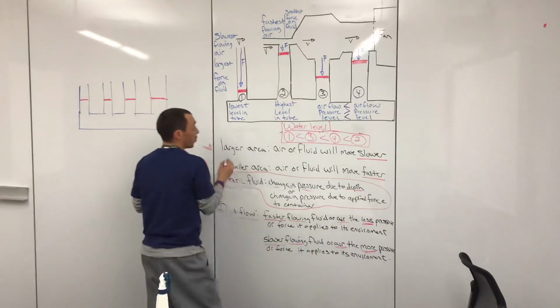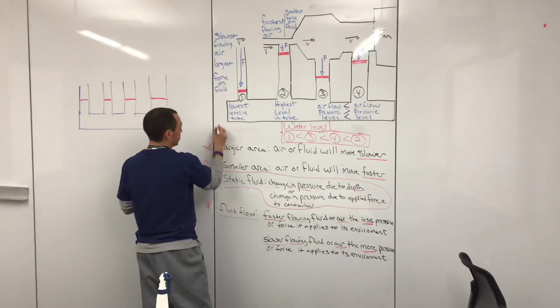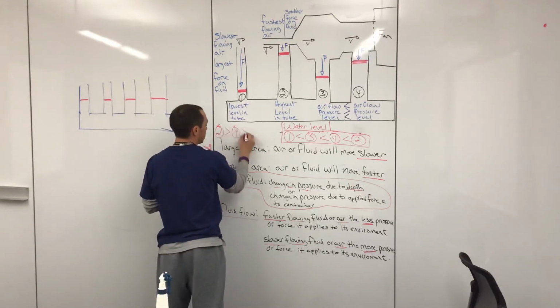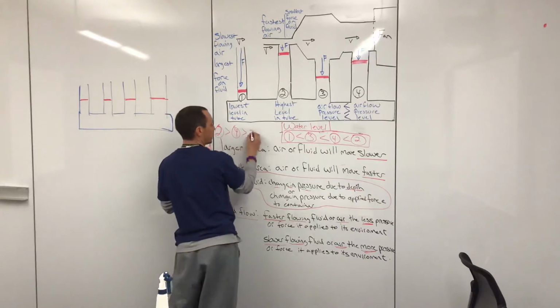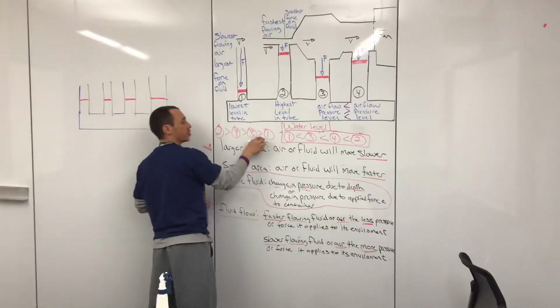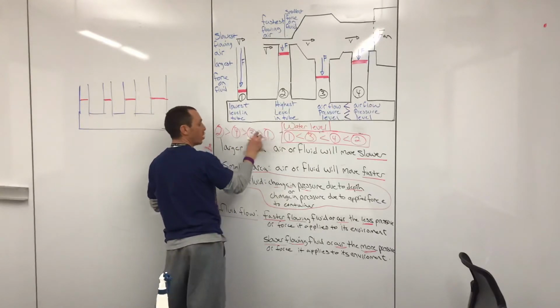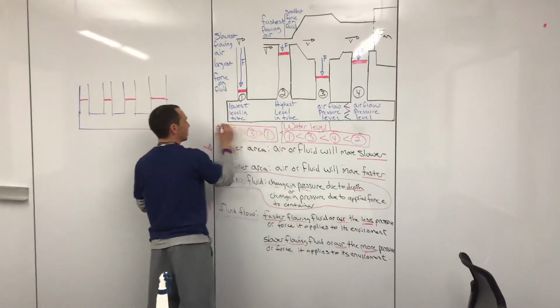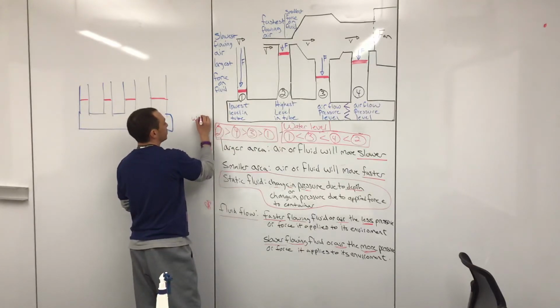Or we could write that in reverse order, right? Where 2 is the greatest, right? 4 is going to be smaller than 2 but greater than 3, and 3 is going to be greater than 1 but smaller than 4, right? So this is another way to look at the water level that we're trying to determine.